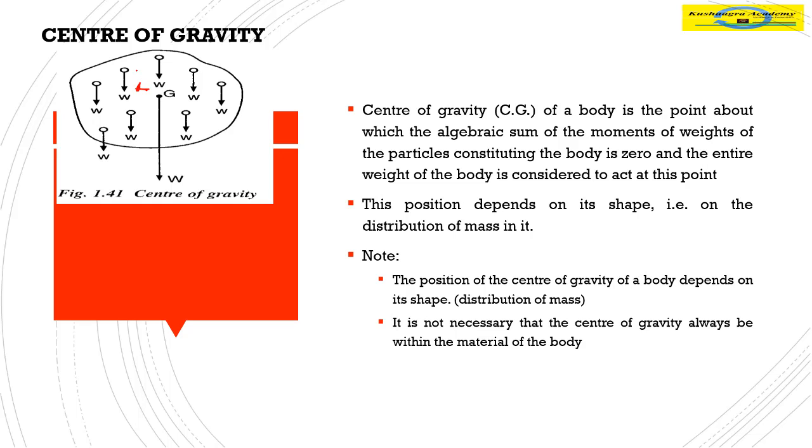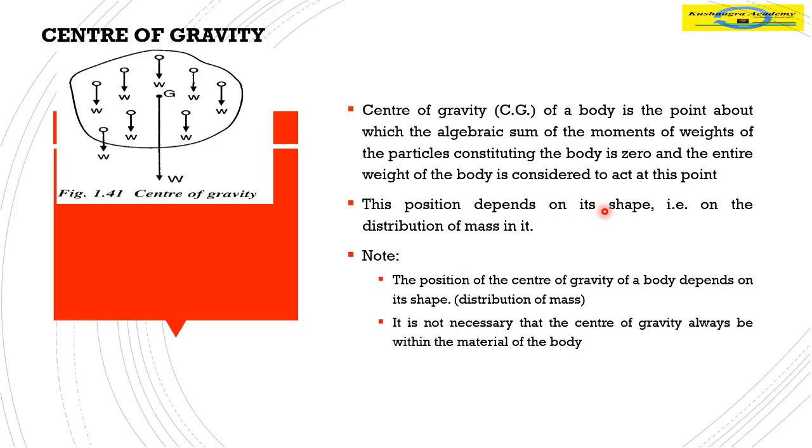But if we take this point, say P, and if you calculate the moments, it won't come as zero. So we'll check it out where it comes at zero. And if the G is that center of gravity, then the sum of the moments will be zero. All sum of the clockwise moment will be equal to all the sum of the anti-clockwise moment.